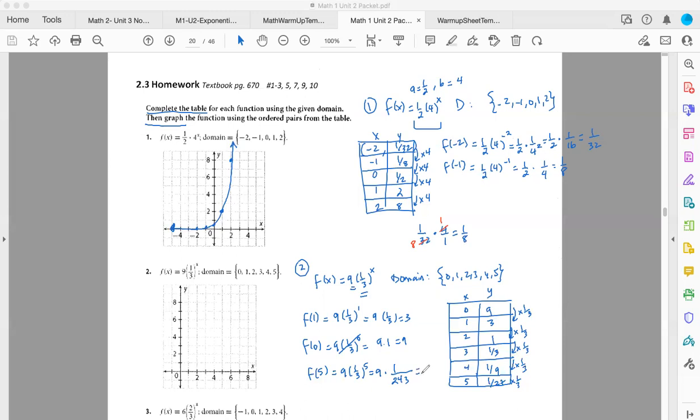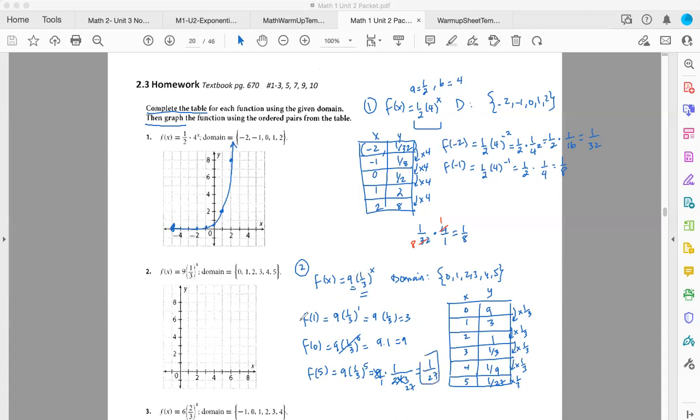And 9 goes into 243... sorry, that's in the denominator. So you'll have 1 on top, and 9 goes into 243 27 times. You get 1/27, which confirms my value from the table.